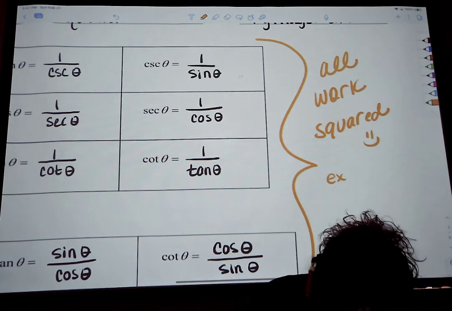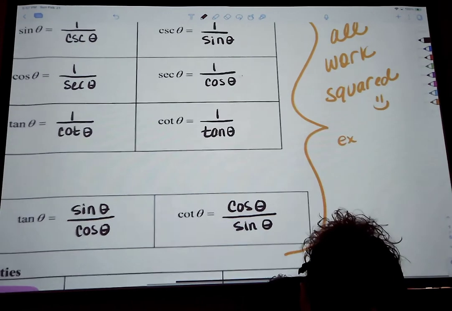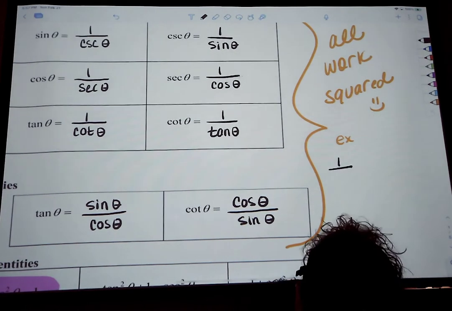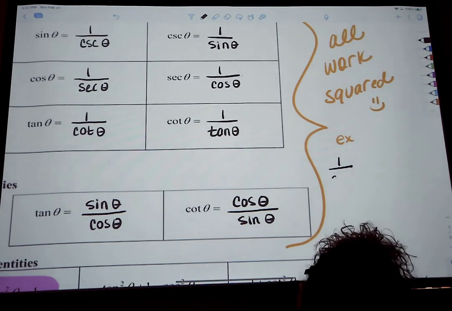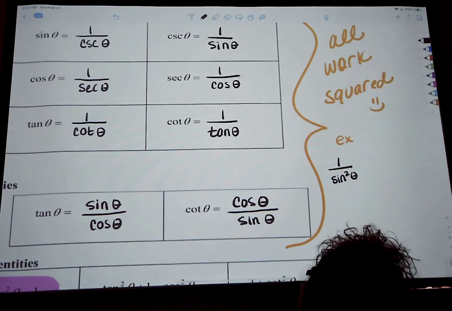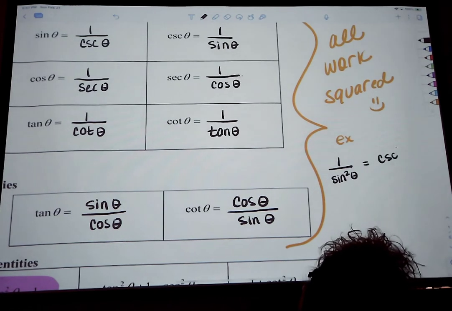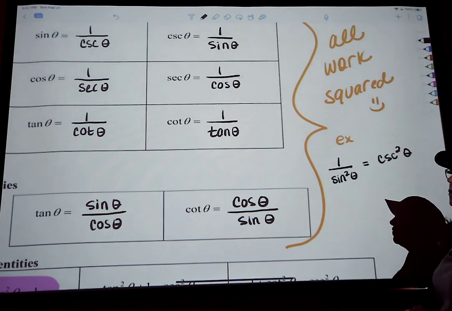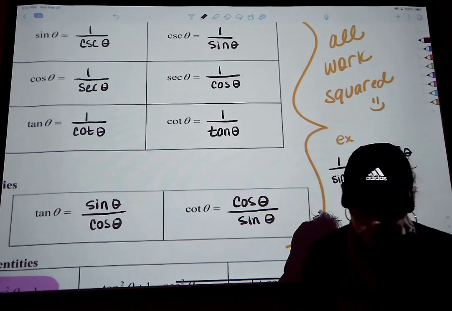Example: 1 over sine squared is equal to cosecant squared. All of those work when they are squared.